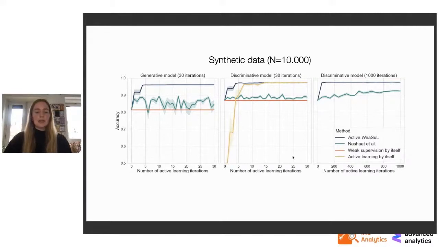And we look at what happens with the performance for the first 30 iterations, where every iteration we get 1 point, for both the generative model, that's just the performance that we get if we take the most likely class as given by the probabilistic labels, as well as the discriminative model that was given by the decision boundary.